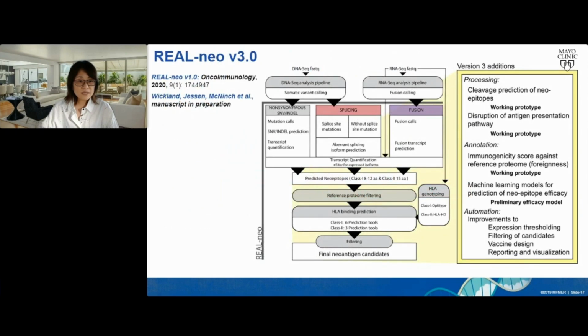We developed an in-house bioinformatics framework called RealNeo. Here is a diagram of version 3 of the pipeline, which is a combination of public tools and our own novel algorithms. This in-house pipeline enables us to quickly incorporate new knowledge and new functionalities, and perform QC and the prioritization of the neoantigens without dealing with the black box problem.